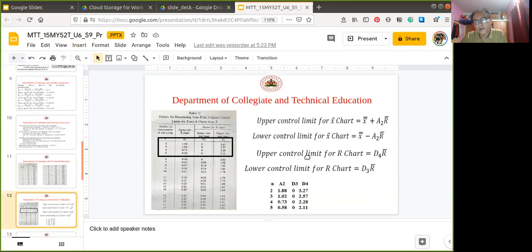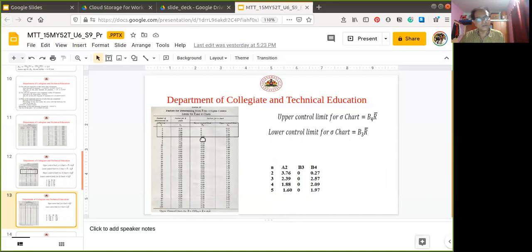The upper control limit for the R chart can be found by the formula D4 into R bar, and the lower control limit for the R chart by the formula D3 into R bar. These values D3, D4 and A2 correspond to the sample size, and we have to take these values from the table and calculate the upper control limit and the lower control limit.